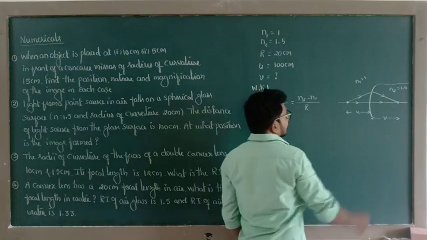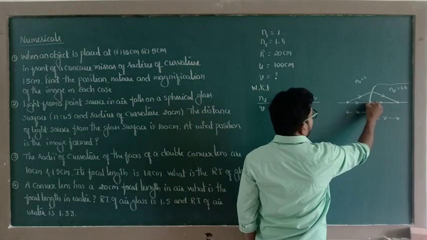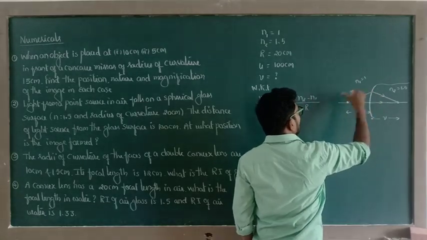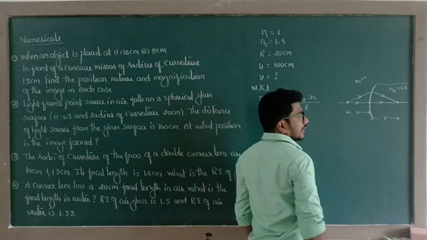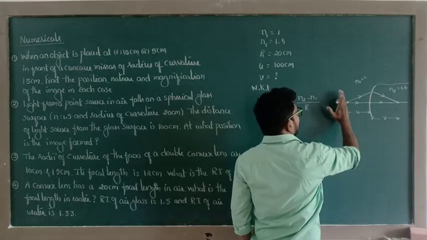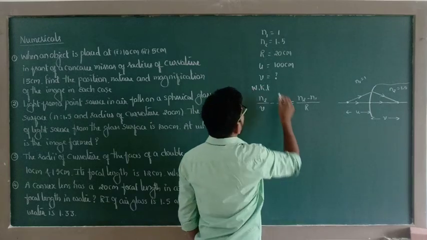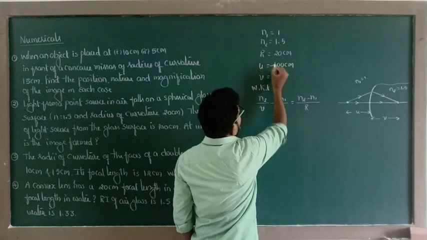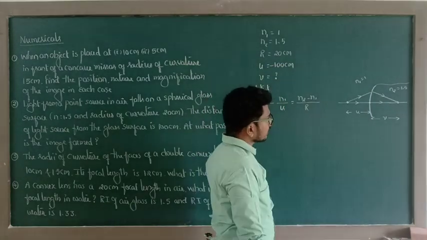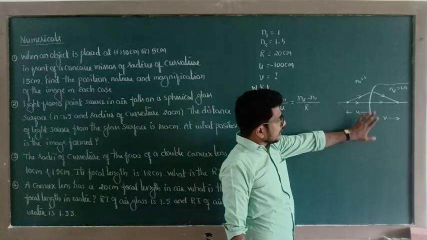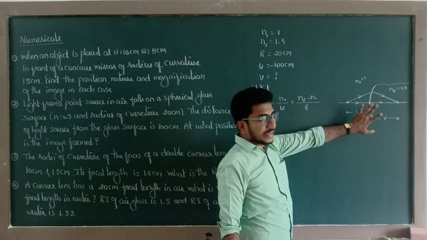According to Cartesian sign convention, all distances are measured from the pole, but this measurement is opposite to the direction of incident light. Therefore, this object distance should be in terms of negative sign. Therefore, u is equal to minus 100 centimeter. Now, just observe this ray diagram.